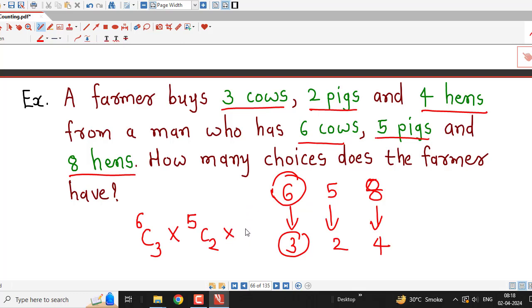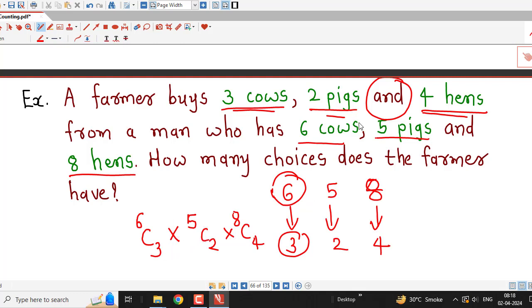and similarly the farmer can select 4 hens out of 8 hens in 8C4 ways, and the farmer wants to buy all these three types of animals. So all these 3 tasks are necessary. So this is the application of the product rule.